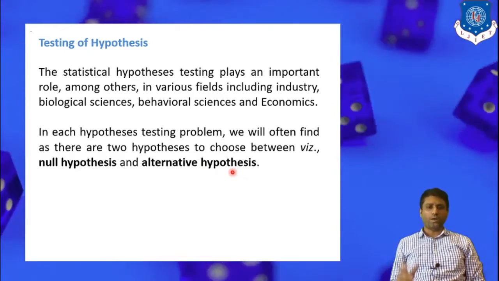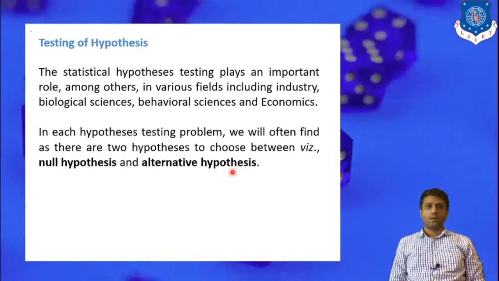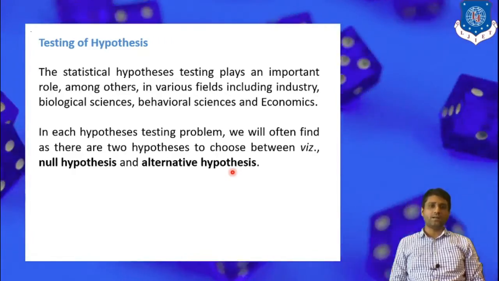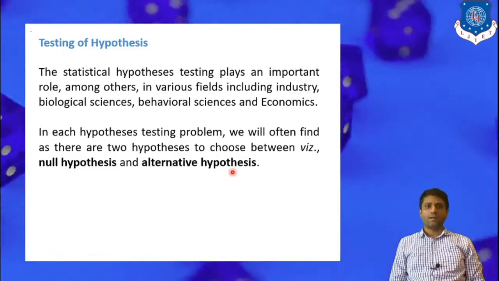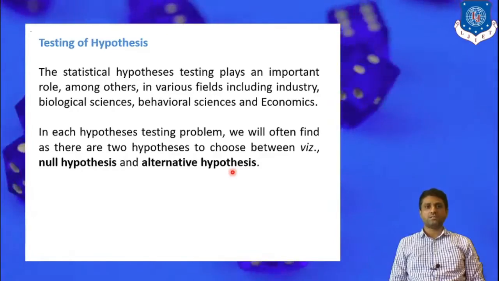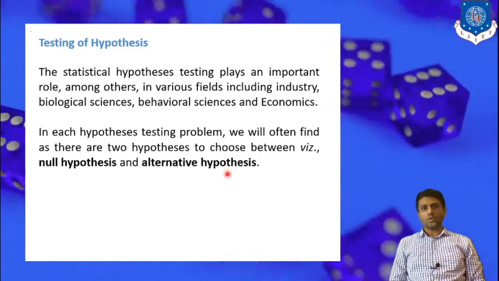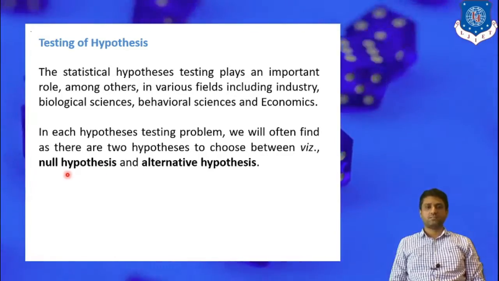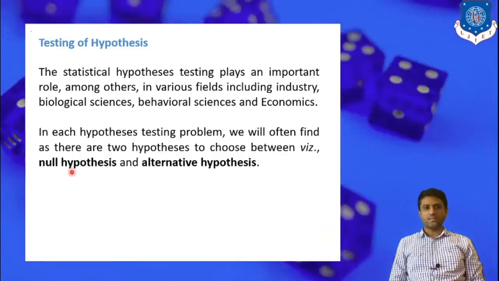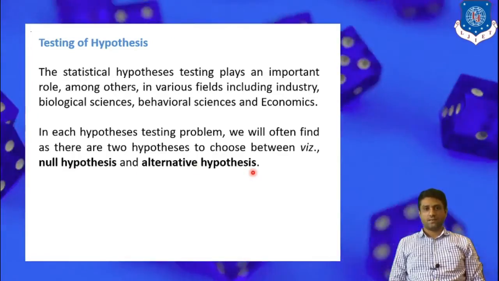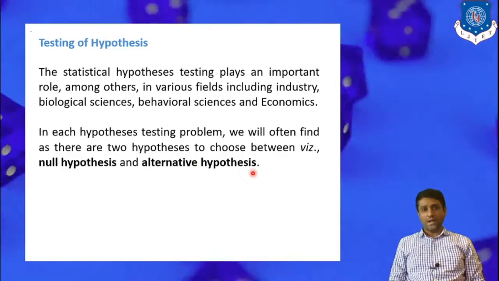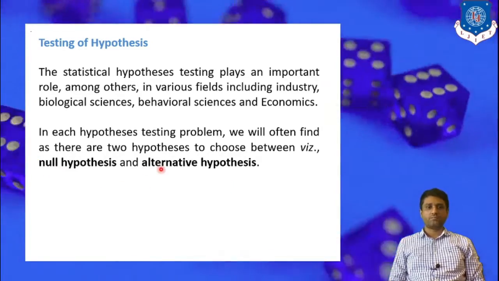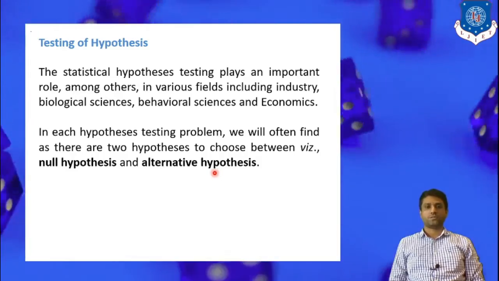Whatever statement or postulate is declared by any industry, organization or particular person, corresponding to that postulate two hypotheses are assigned. The first one is the null hypothesis, the second one is the alternative hypothesis. Next, we will see in detail what the null hypothesis and the alternative hypothesis are.